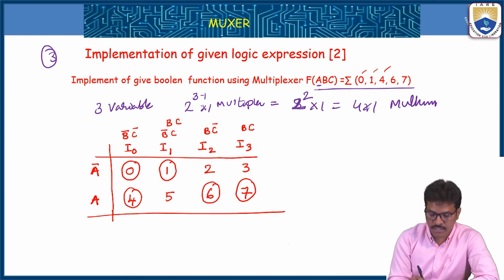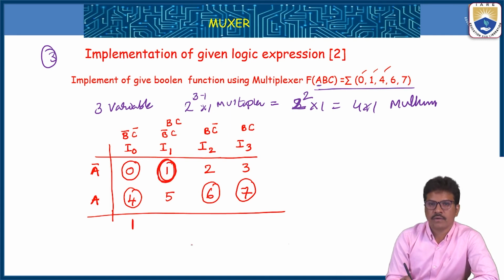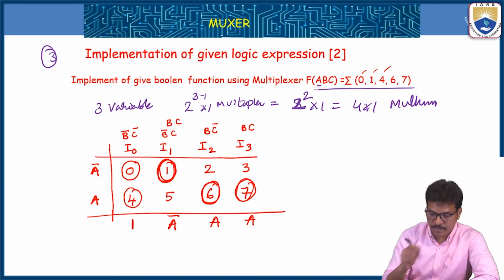So here both are covered, we take 1, and here one circle is covered, we take that as A bar, and here 6 is covered, that row is called A, and 7 is covered, that row is called A. Take this as the data inputs, and the control signals are B and C.